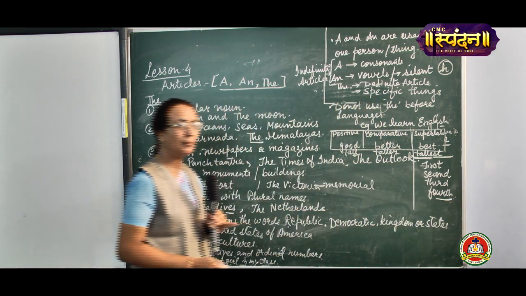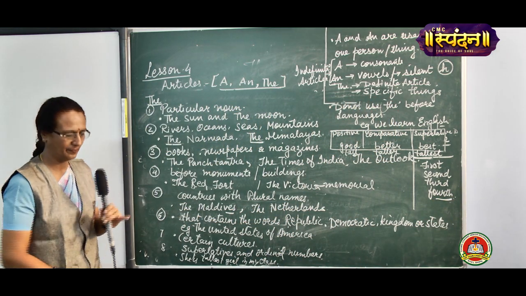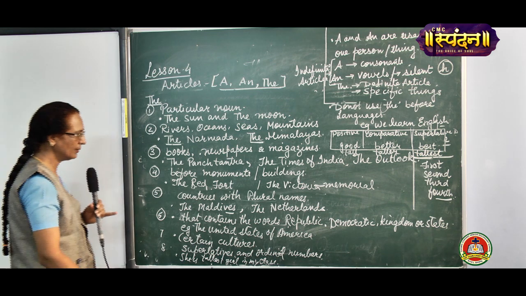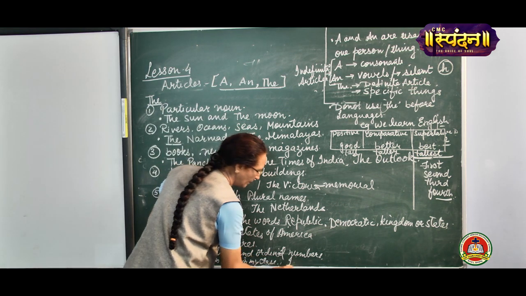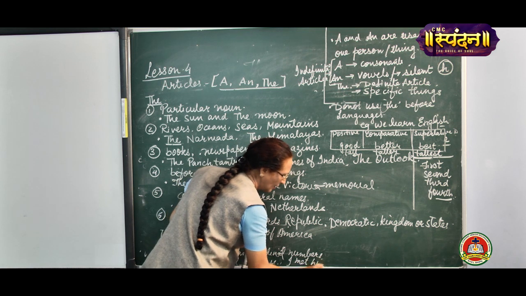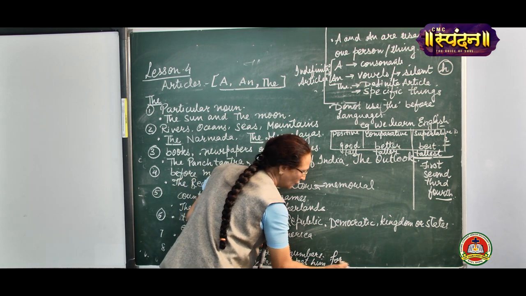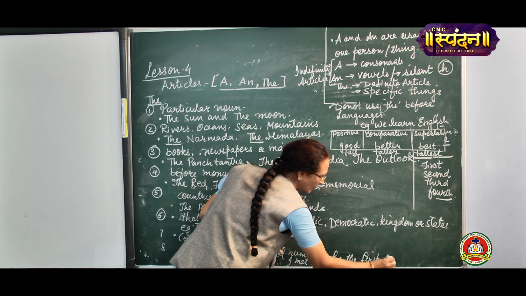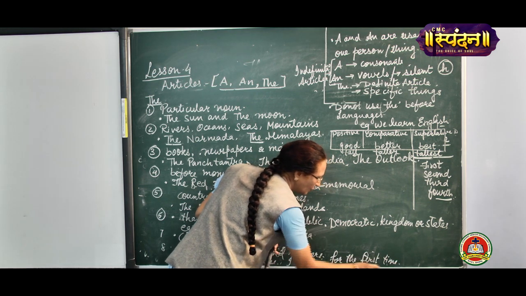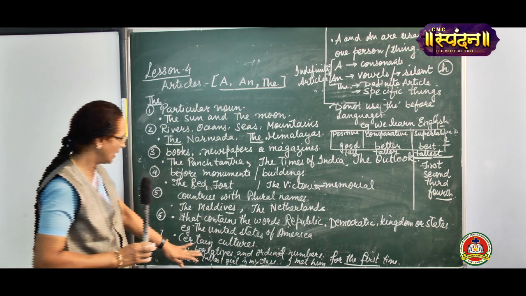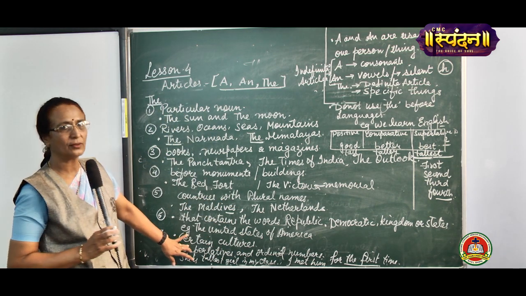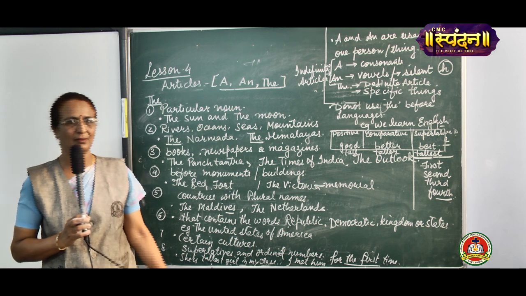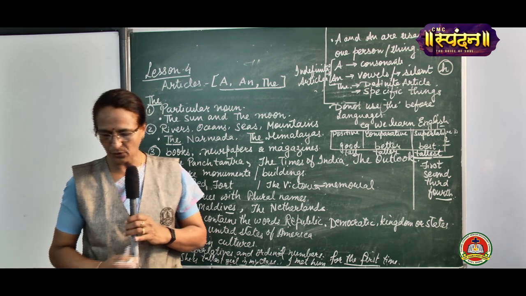Like if I say, I met him for the first time. So, with ordinal numbers and with the superlative degrees also, we use the. Children, is that clear to all of you?